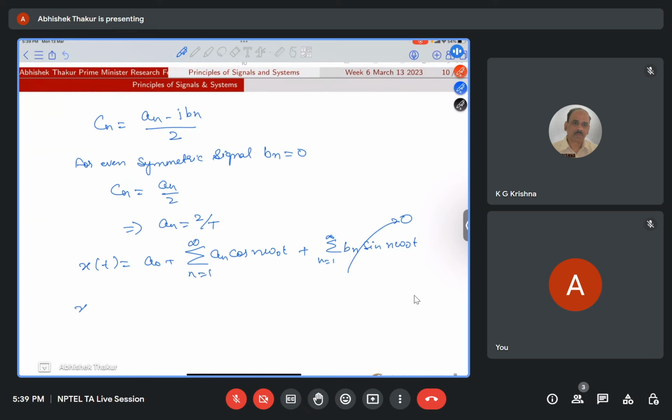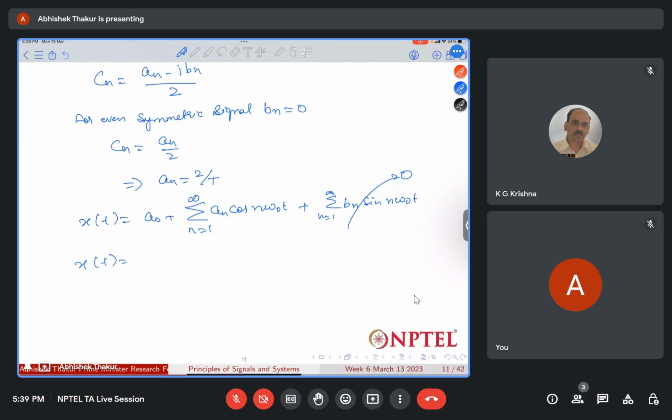So our xt will finally be A naught, which we have calculated as 1 by T, plus 2 by T summation over n equal to 1 to infinity of cos of n omega naught t. So this is our signal xt.